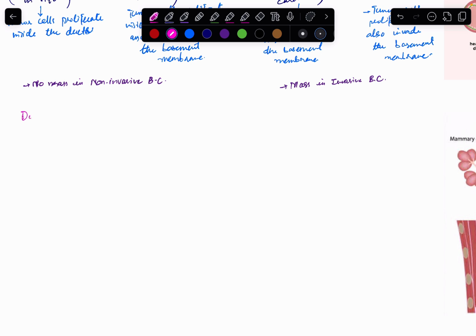Okay, so now first starting with our main type of cancer, that is ductal carcinoma in situ.